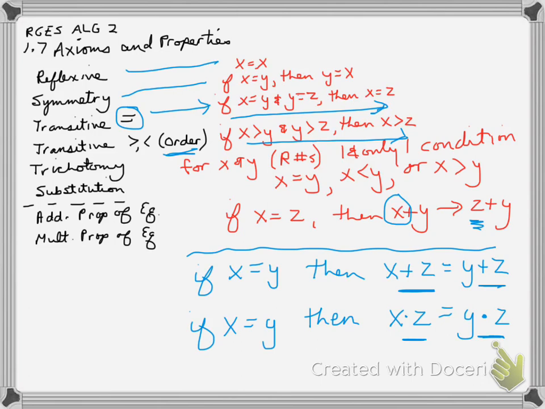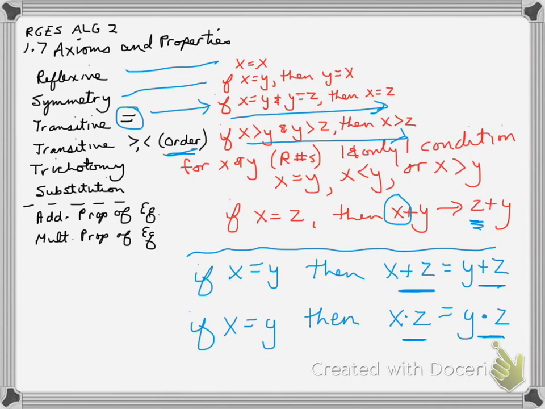So all of these are considered axioms, fairly obvious to us, but they have to be stated in a deliberate form here so that we can then use those as tools to make proofs of other things, other principles that we use or properties that we use as we're solving equations and so on.